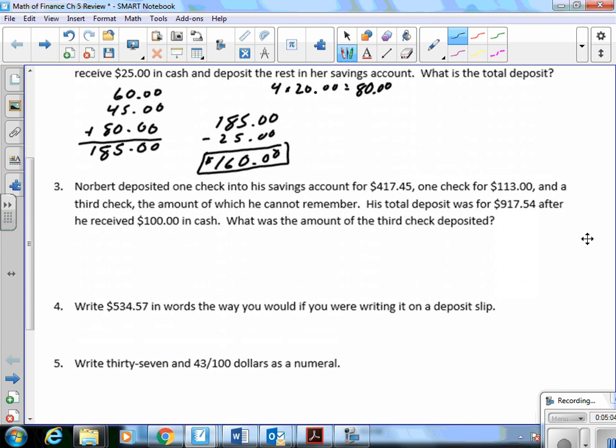All right, number 3, Norbert deposited one check into a savings account for $417.45, one check for $113, and a third check, the amount of which he cannot remember. His total deposit was for $917.54 after he received $100 in cash. What was the amount of the third check deposited?